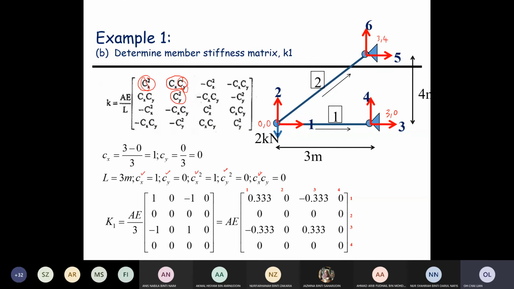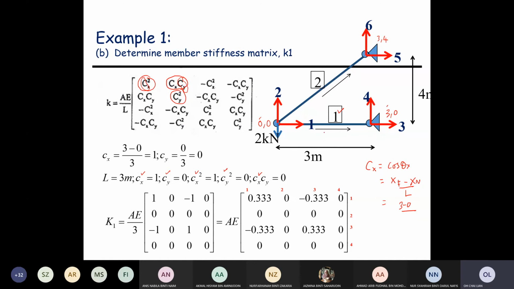Cx, as we gave you the formula earlier, is actually cos theta x. Or I will show you here, it is the x at the far end minus x at the near end divided by the length. If you look at element 1 right now, x at the far end will be 3, and the x coordinate at the near end is 0, so minus 0.